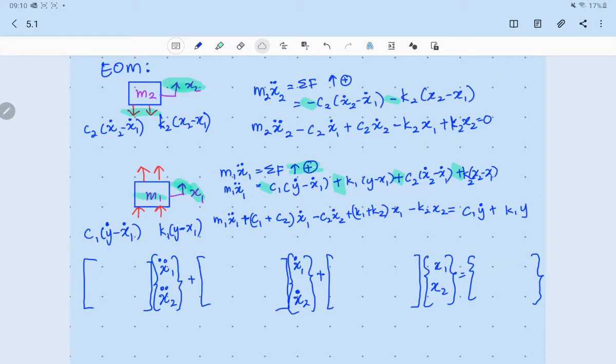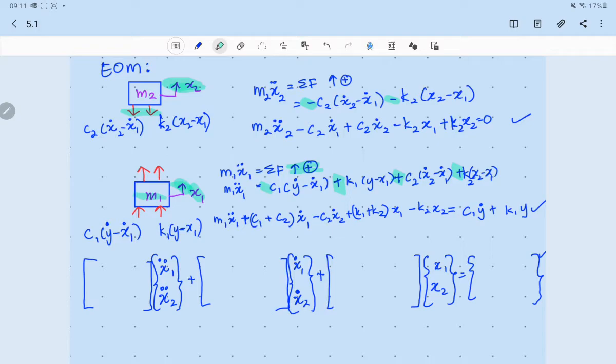Okay, so let us take a look at how we convert or write these two equations in terms of matrix. So let us focus first on this first equation. I have rearranged in terms of all the x double dot, x dot and x here, so we can see it clearly.